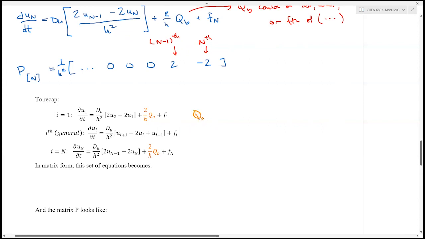And Q_A, Q_B could be 0, constant, or function of t and state variables at boundaries.